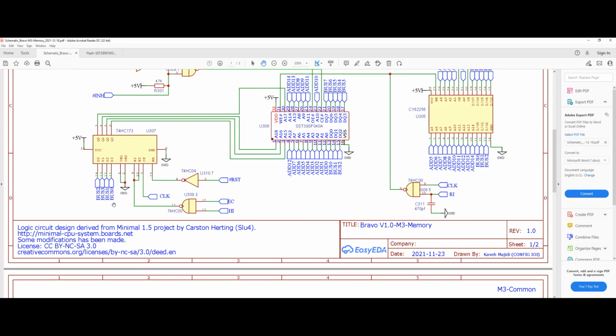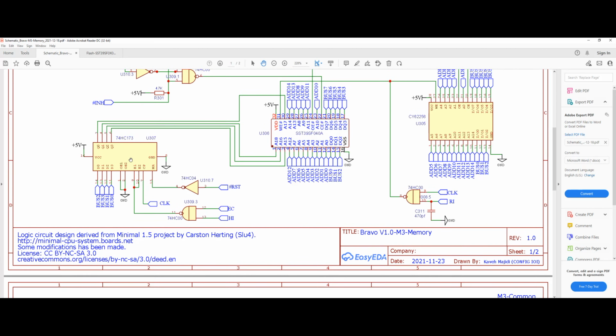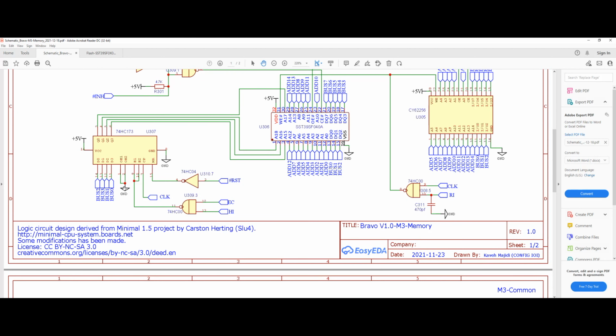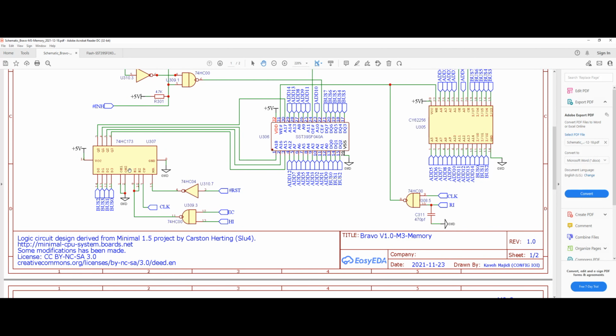Now, the control signals for the output side of the chip are called output enable 1 and output enable 2. As you can see, both of those pins are tied together and tied to ground. That means that we are permanently outputting the data on this chip.